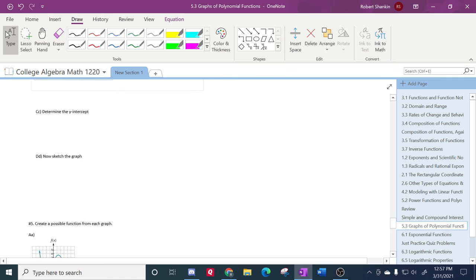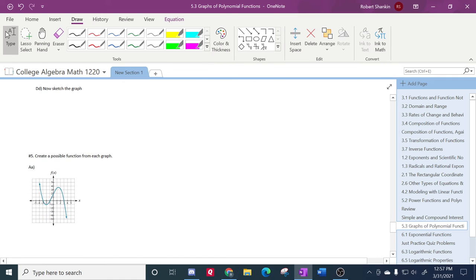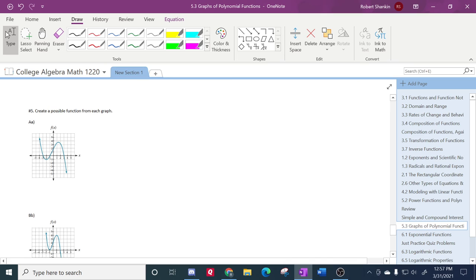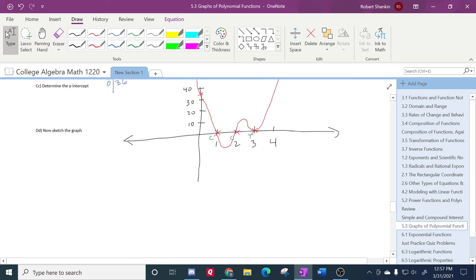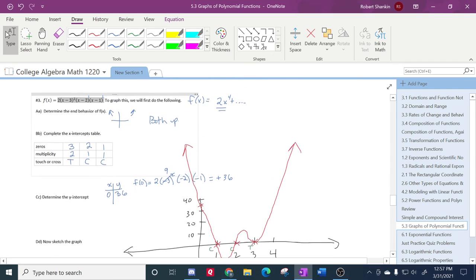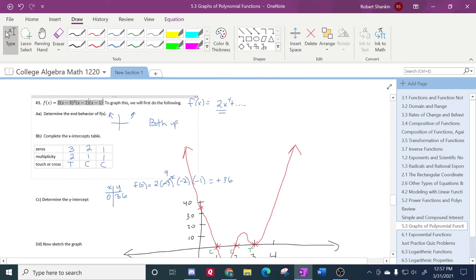All right, the other thing I want to touch on really quickly is creating a possible function from each graph. We learned last time that the maximum number of x-intercepts is the same as the degree of the polynomial. This is a 4th degree polynomial, but we only had 1, 2, 3 x-intercepts.